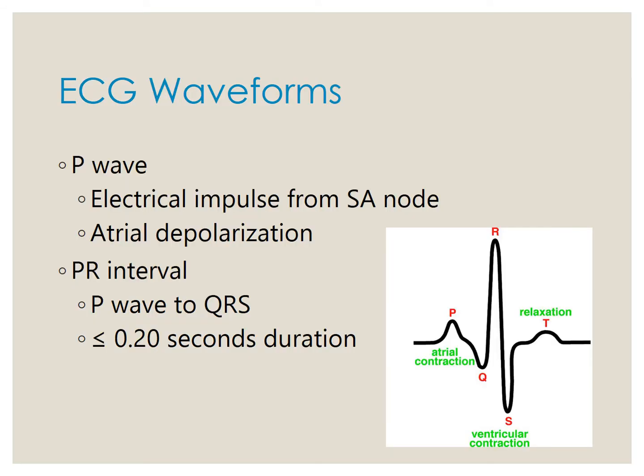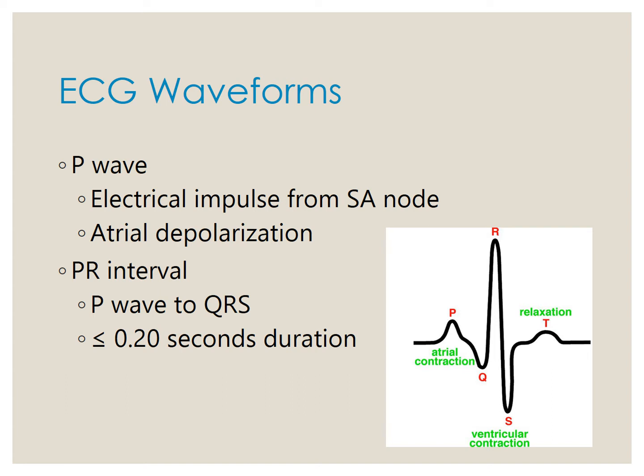Okay, so here are our ECG waveforms. The P wave is when the electrical impulse originates in the SA node. Remember, that's in the right atrium of your heart. The P wave is indicative of atrial depolarization, which means that at the P wave the atria will contract. So it's squeezing.